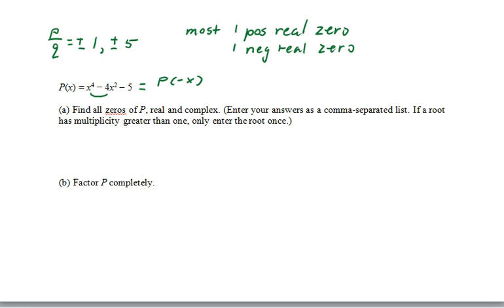So in this case, we will have one positive and one negative irrational number, because the only way we can have real zeros that are not rational, and we've discarded the rational options, is if they are irrational.